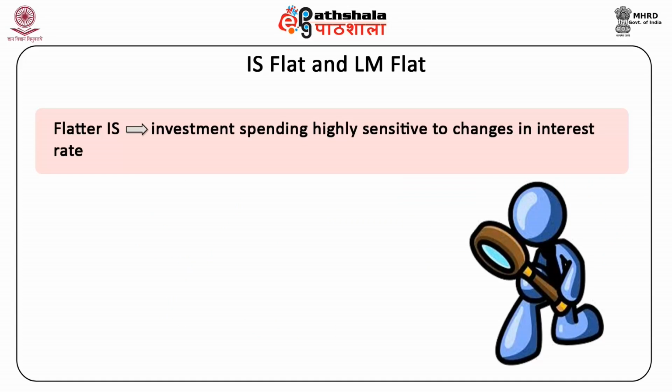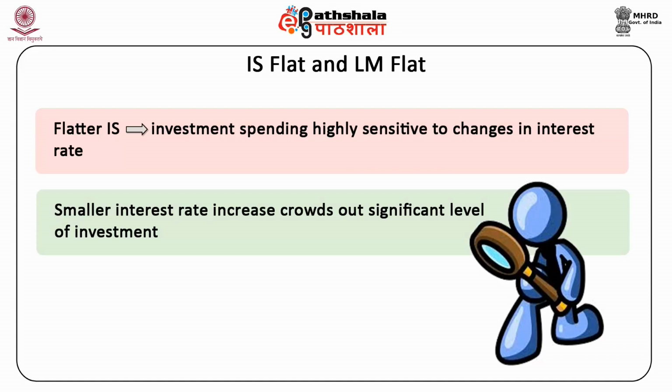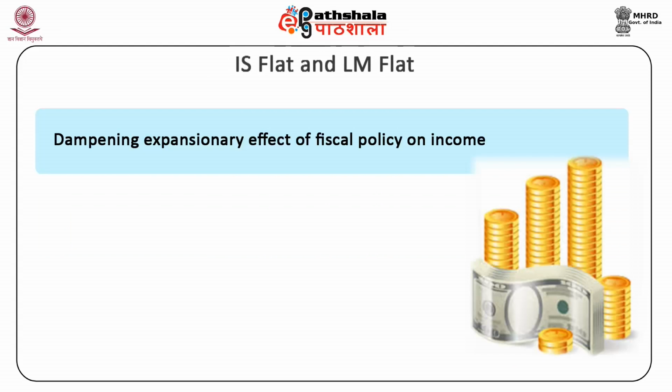A flatter IS implies that investment spending is highly sensitive to changes in interest rate. Thus, even a smaller interest rate increase crowds out a significant level of investment, thereby dampening most of the expansionary effect of fiscal policy on income.